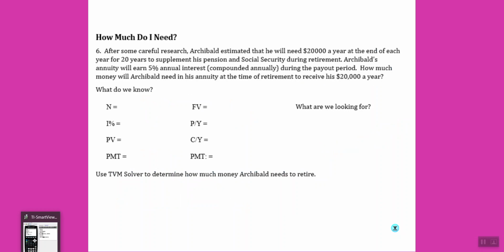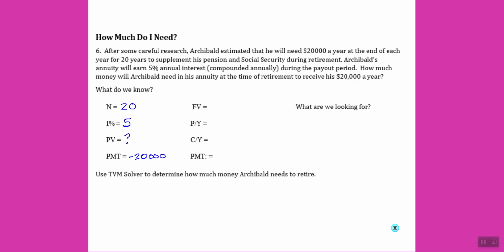So what we do know, it is going on for 20 years. He is getting 5% interest. We don't know what the account is at the beginning. That's what we want to know. He's going to make a payment of negative $20,000 each year because he's taking $20,000 out of the account. So that's why it's negative.